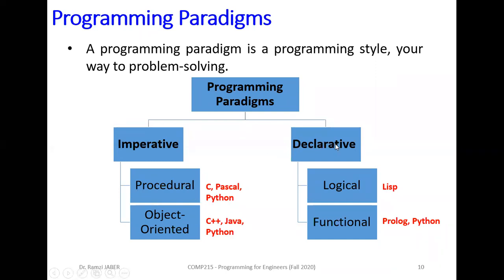And declarative is like logical programming like Lisp, or functional, like Prolog, also like Python. As you see, Python is a good programming language because it can be used in procedural, or object-oriented like C++, or in functional coding.